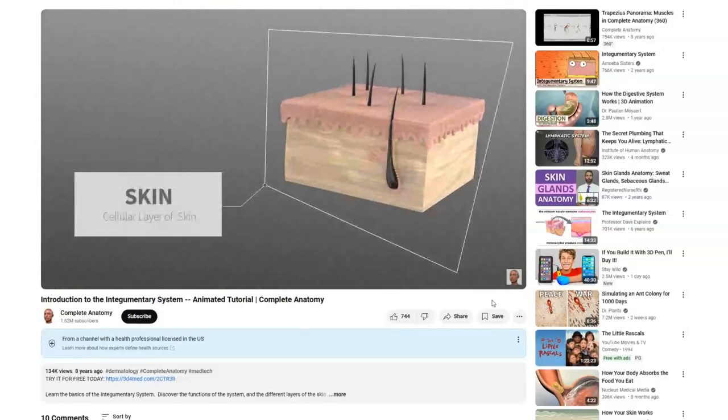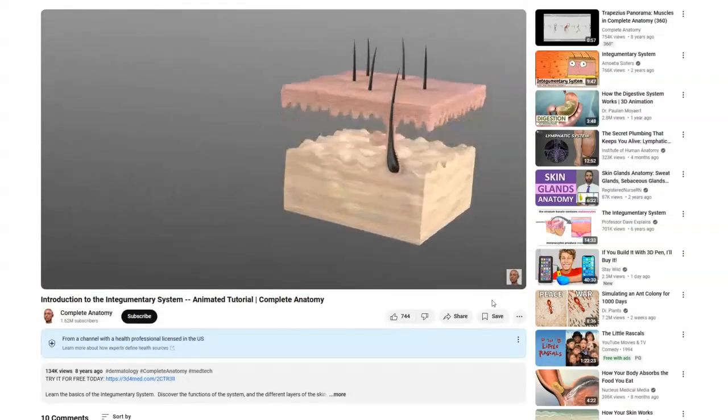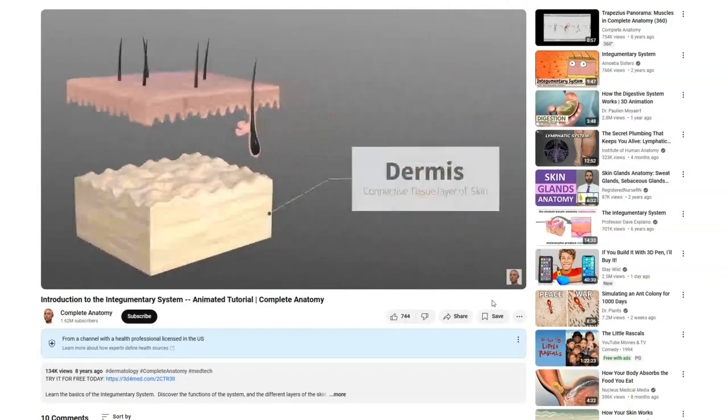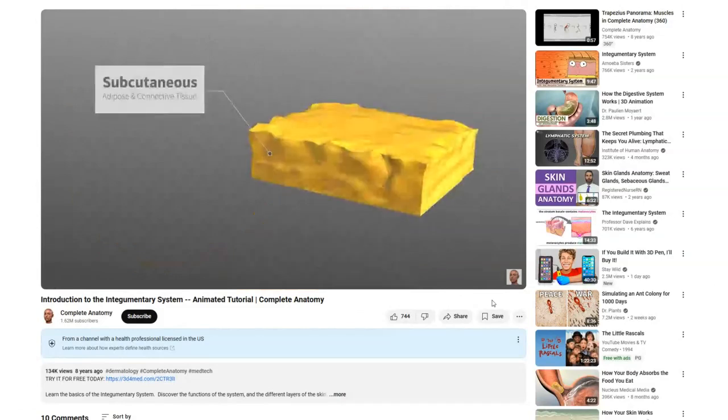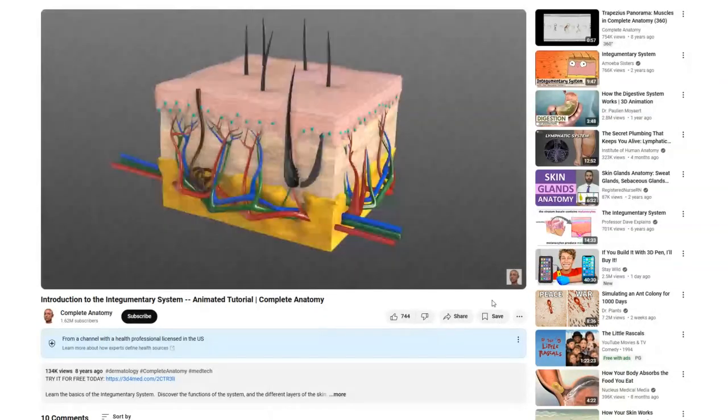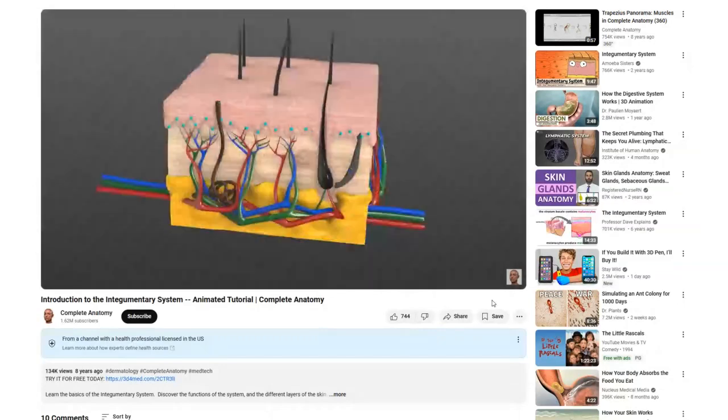The skin consists of two layers: the epidermis, which is a superficial cellular layer of the skin, and the dermis, which is a deep connective tissue layer of the skin. The subcutaneous tissue, also known as the superficial fascia or hypodermis, is a connective tissue layer located immediately deep to the dermis. It's a seat of adipose tissue or fat.